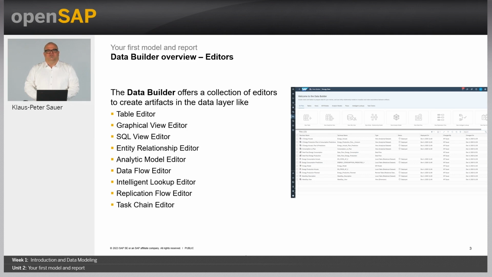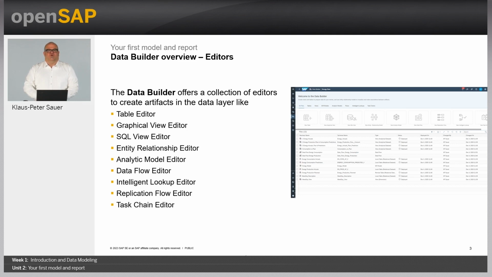The data flow editor lets you model data flows into SAP DataSphere, including complex transformations. The intelligent lookup editor allows you to merge data from two entities, even if there is no joining column which brings them together.